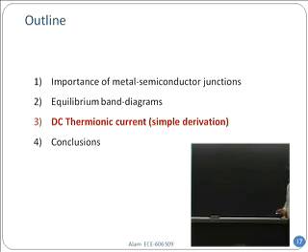Okay, so now I have told you about this band diagram equilibrium. Now the DC current flowing through this junction is a little complicated. Not complicated conceptually, but it's a little different. I cannot use directly this drift diffusion equation that I have derived in the first 5 weeks of class.